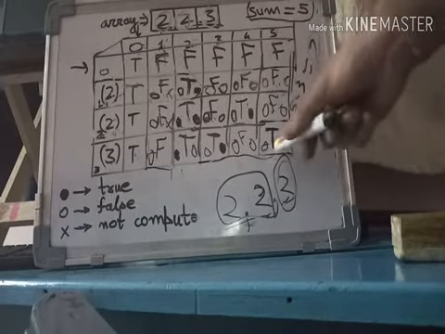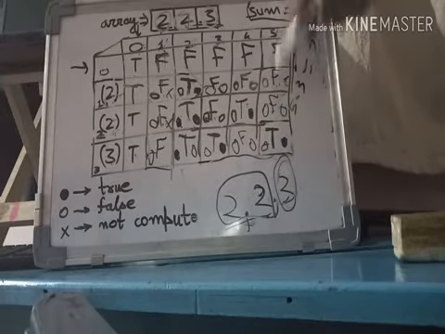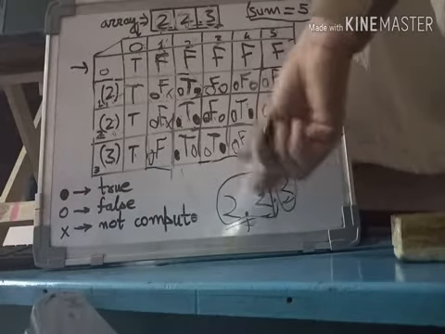So I can get a subarray with sum 5, including or not including any of these elements.